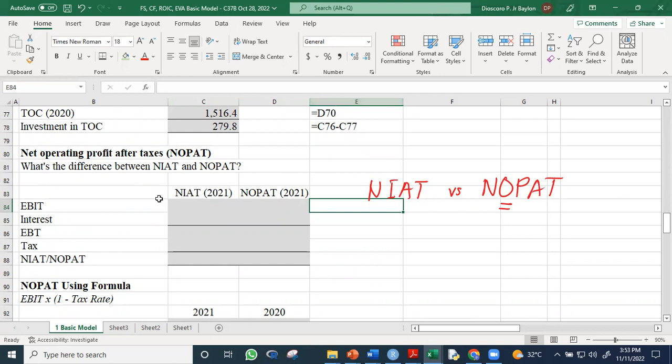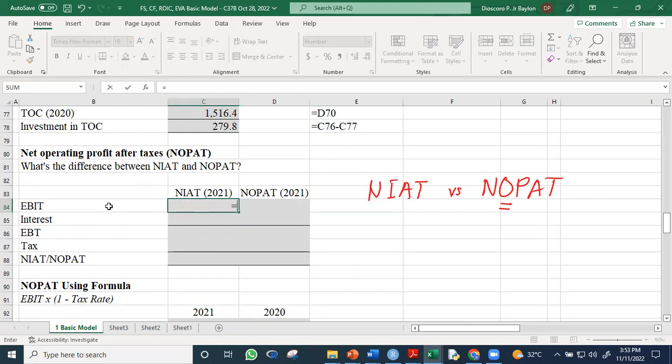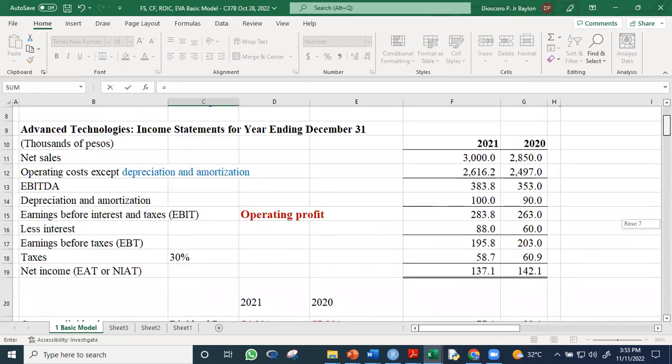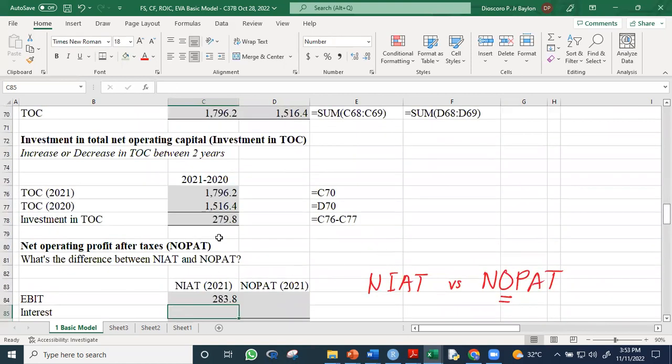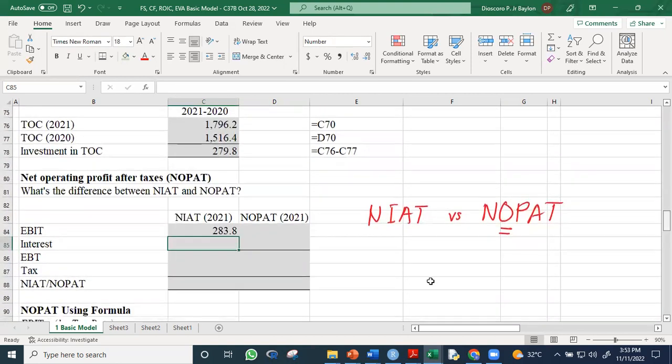Okay, so we know net income after tax. You can just get the figures from our EBIT here. Let's just copy our EBIT here. Okay, I'm getting EBIT of 2021. Okay, and then interest, I'm going to copy down because the next item there is interest.